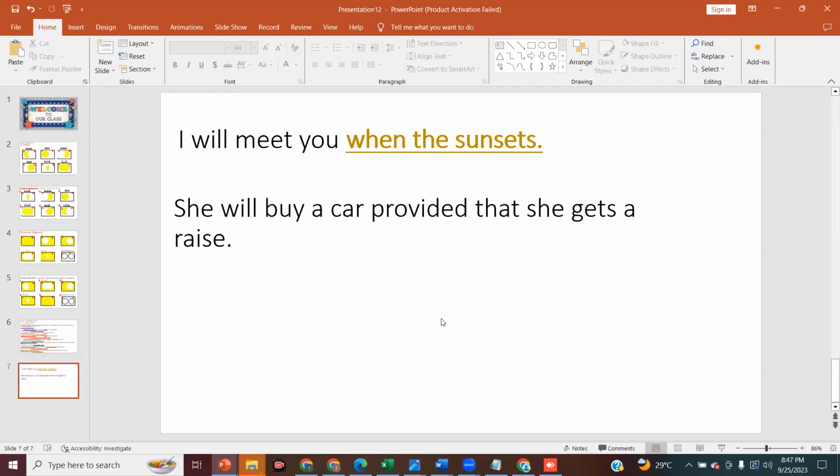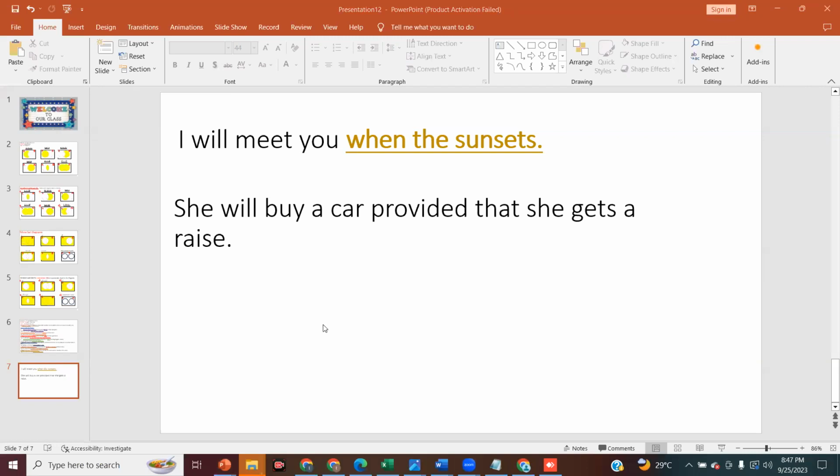All right, some people say manner, some people say condition, some people say purpose, some people say consequence, some people say time. She will buy a car provided that she gets a raise. What do you all think? You can say out loud what you think. Condition.